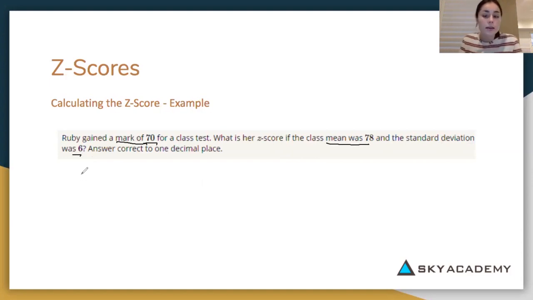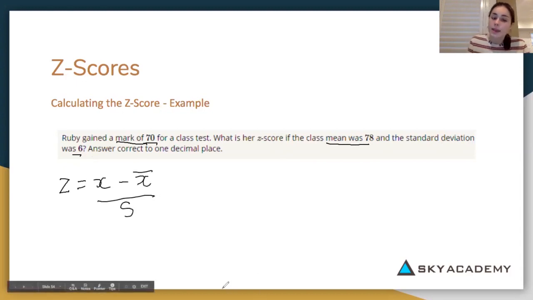Firstly, if you remember what we did in the last question, our first step was to write out the formula, which looked a little something like that. Now you can sub what you know. X, which is our score, is our mark of 70. The mean equals 78. And the standard deviation equals 6, according to the question.